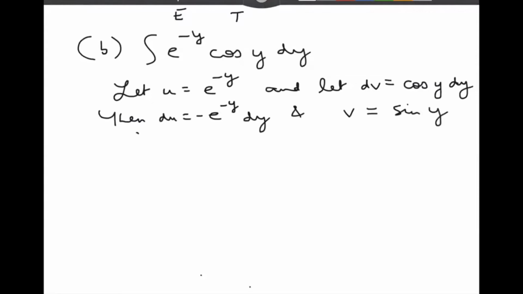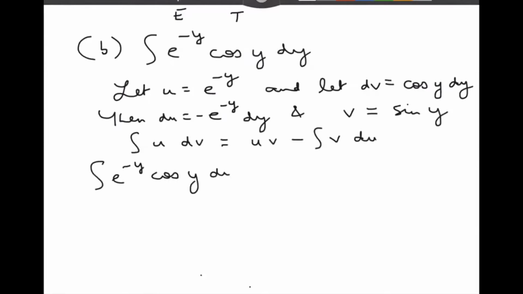So integral u dv is equal to uv minus integral v du. We have integral e to the negative y cosine y dy is equal to e to the negative y sine y minus the integral of v du.